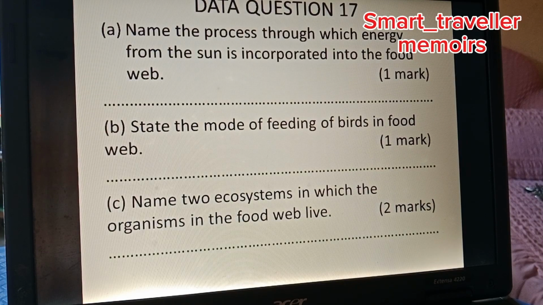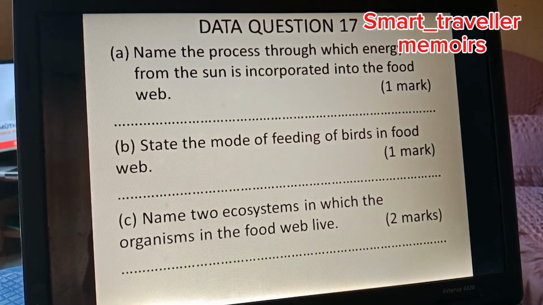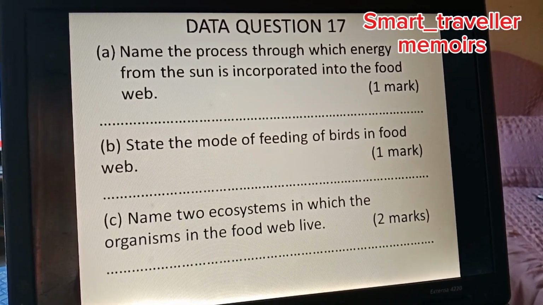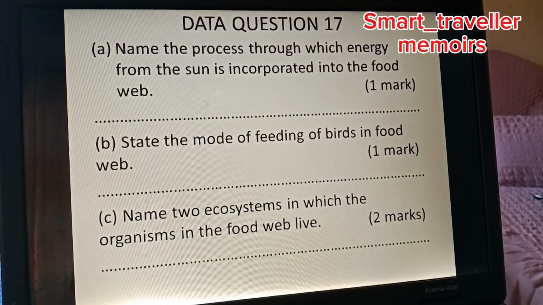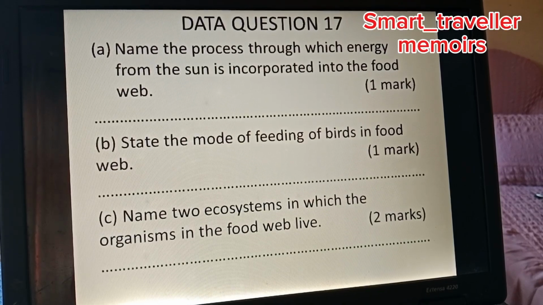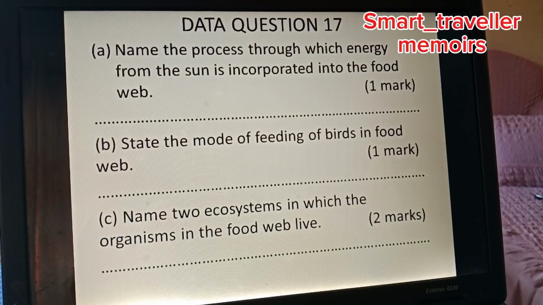What you'll be required to do is name the process through which energy from the sun is incorporated in the food web, state the mode of feeding of birds in the food web, and name the two ecosystems in which the organisms in the food web live.